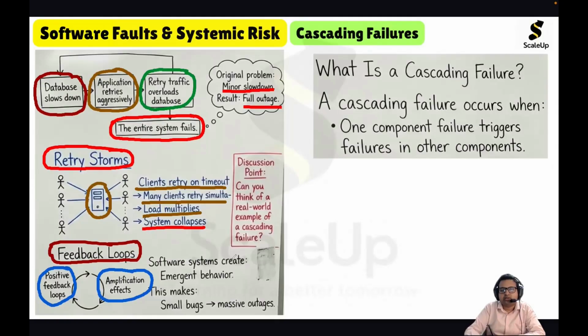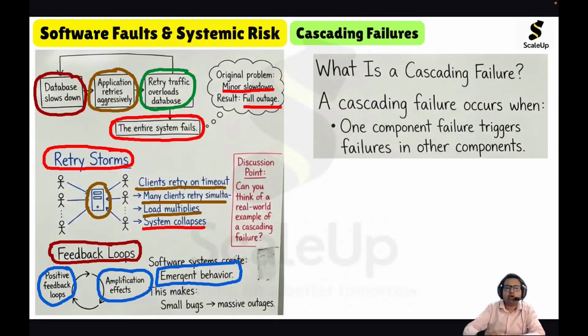Emergent behavior. So what is emergent behavior? Sometimes a service becomes so overloaded that it spends 100% of its resources just managing the queue of incoming requests and 0% actually processing them. So that is emergent behavior. The idea is that sometimes a resource or a service becomes so occupied, so overloaded, that 100% of its resources are used just in managing the requests and not at all executing them.